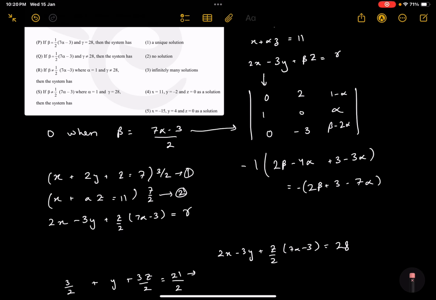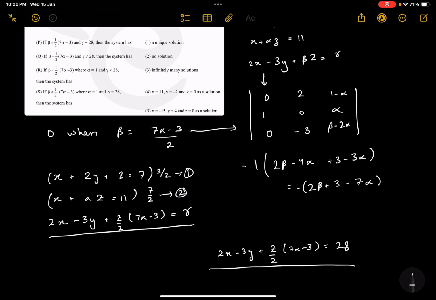So if beta is 7 alpha minus 3 by 2, now notice that in this equation and this equation, the left hand sides are the same. So for the system of equations to have any solution, gamma needs to be 28.